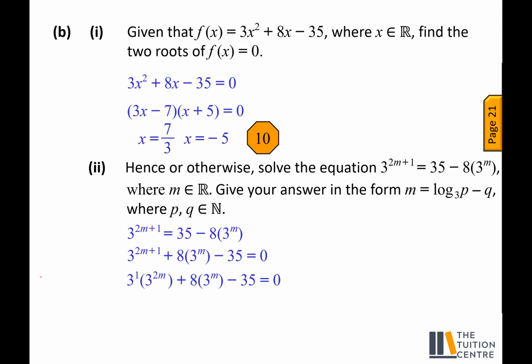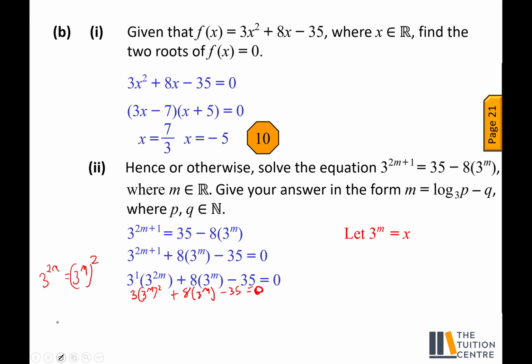So in our case here, 3 to the power of 2m can be written as 3 to the power of m, all to the power of 2. And why are we going to do that? Well, we know that it's going to get us to the answer. So we're going to have 3 times (3 to the m) squared plus 8 times 3 to the power of m minus 35 equals 0. Now we're going to use a technique that we use a couple of places in the course. We're going to substitute in.